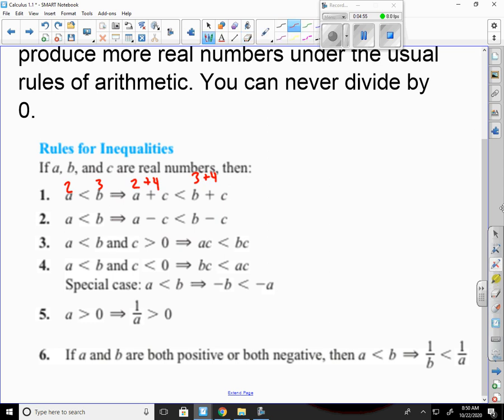So I'll say 1, 2, and this is -4. Then if I do B, which would be 2 times -4, that is going to be less than 1 times -4. 2 times -4 is -8, and 1 times -4 is -4. So yes, -8 is less than -4.